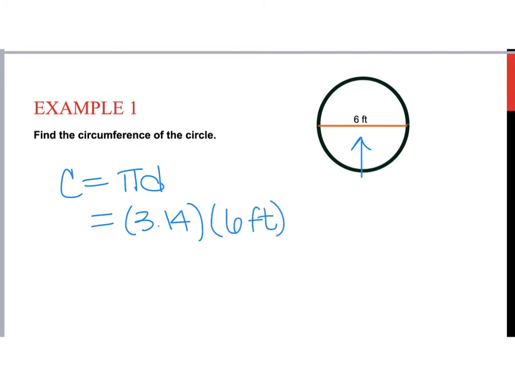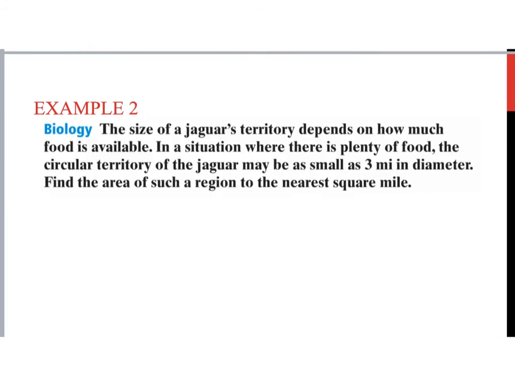Now keep in mind that circumference is really a distance around the outside of that circle, so your unit is going to stay as feet. No feet squared or feet cubed, just feet. So 3.14 times 6 is going to give me 18.84 feet. And that's how we find the circumference.